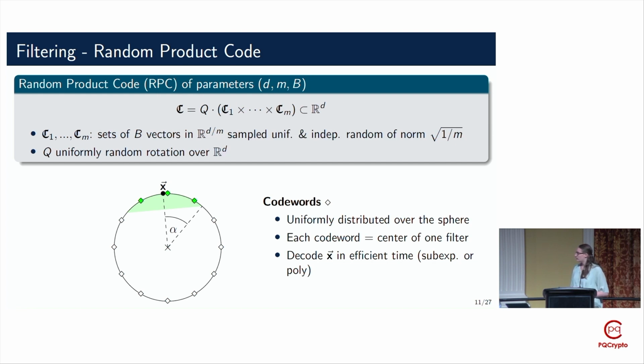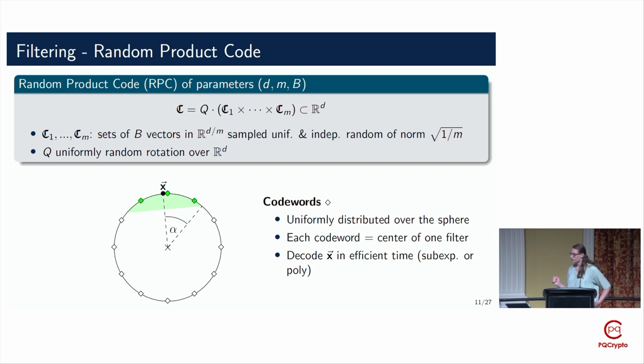There is this really powerful code structure that allows us to generate filters all over the sphere. I won't enter into the details of the definition of random product codes. The most important thing to understand is that this code generates uniformly distributed code words all over the sphere. You have here the points over the sphere, and for each code word, we consider that it is the center of one filter.